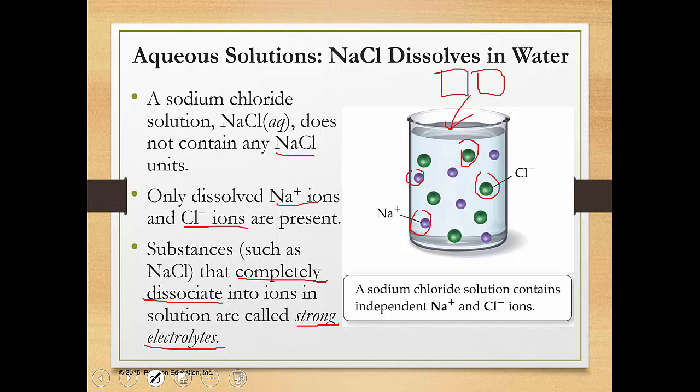You can also have weak electrolytes in which some of the material dissolves into ions or dissociates into ions, and some of it remains in the formula unit form. And then you can have non-electrolytes, such as table sugar, where you put it into the water, molecules come apart, but they don't create any ions. Okay, so strong electrolytes are going to be conductors of electricity because of the charge on the ions.